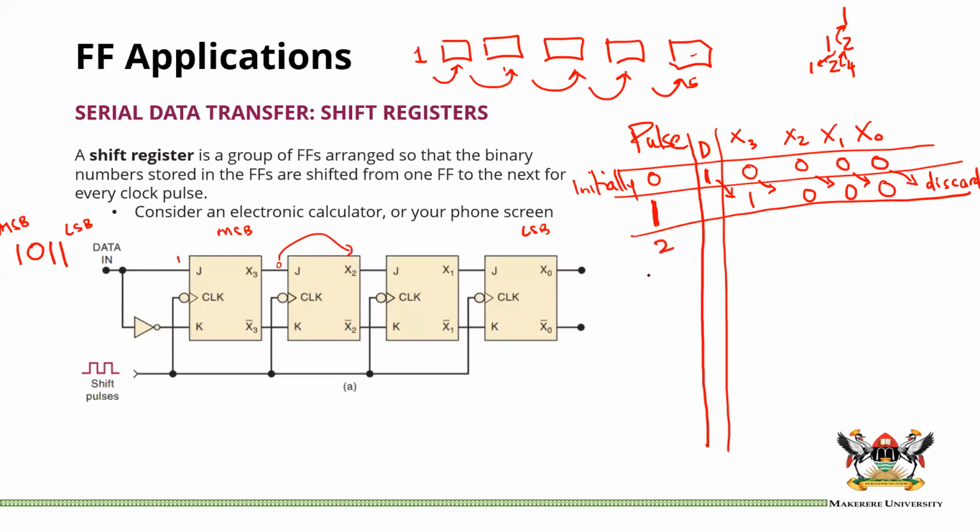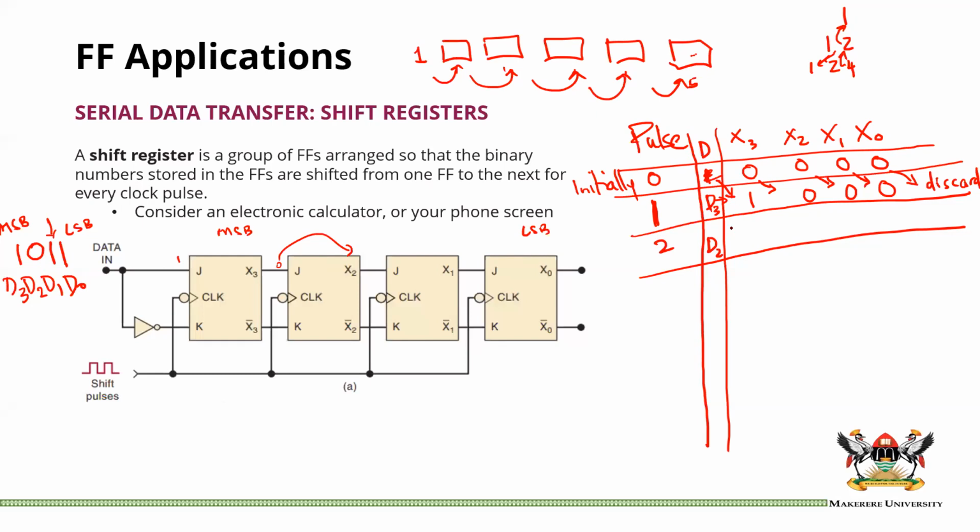Now on the second pulse, my D should be, you could actually put it here. Really, it doesn't matter. My next D is now this one, which is, I could say D3, D2, D1, D0. So let's use that. This is D3. We can say that when our second pulse comes in, our D2 is the one which is there, and D2 we know is a 1.